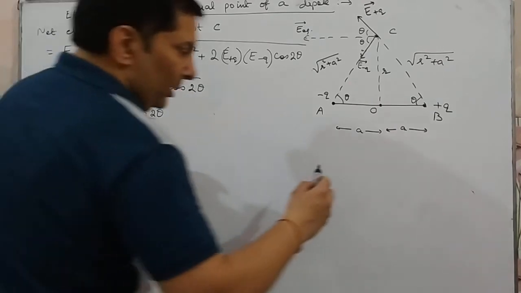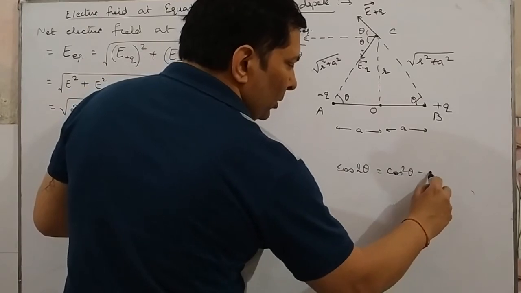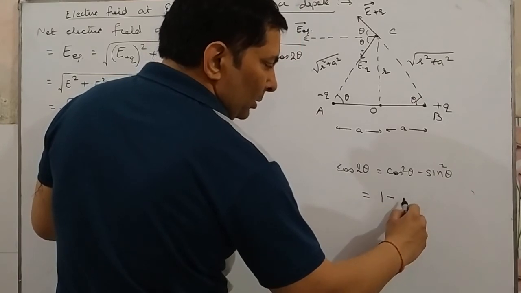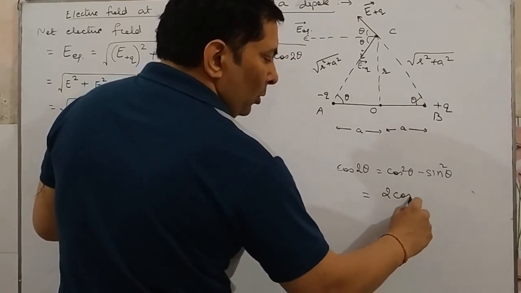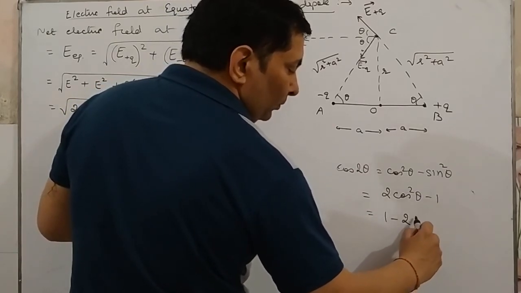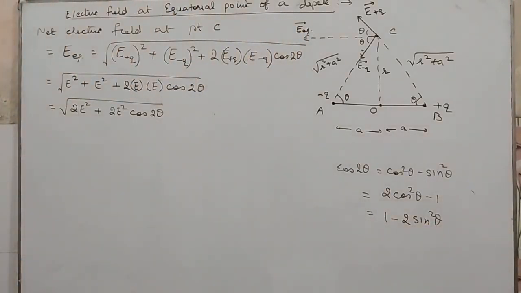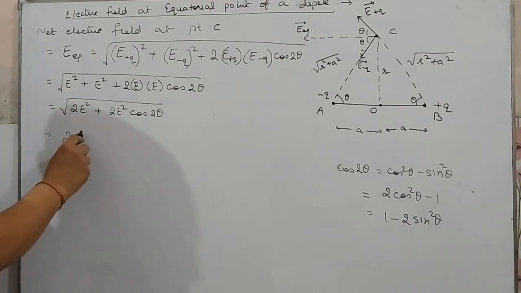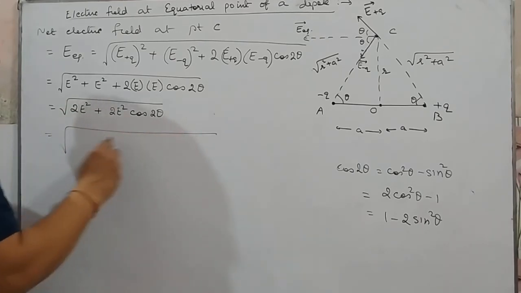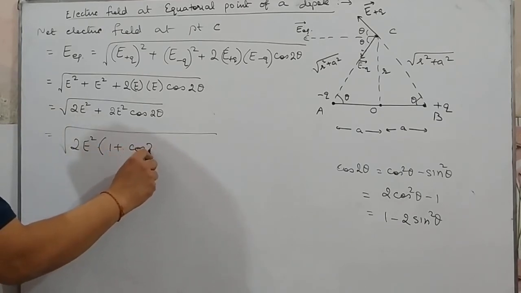Now let's discuss one more thing: cos 2 theta is equal to cos squared theta minus sin squared theta, or it can also be written as 2 cos squared theta minus 1, or as 1 minus 2 sin squared theta. So using the result here, this is 2E squared times 1 plus cos 2 theta.